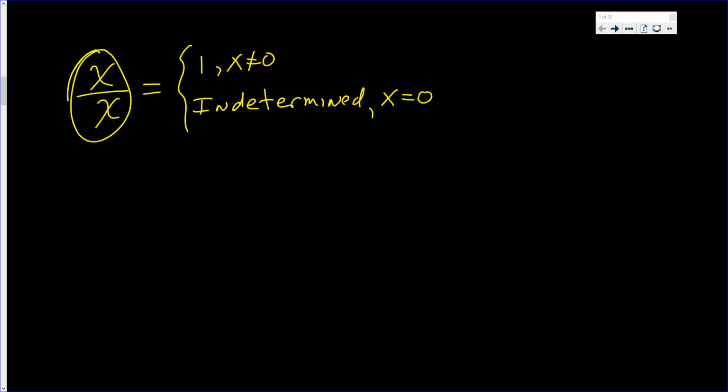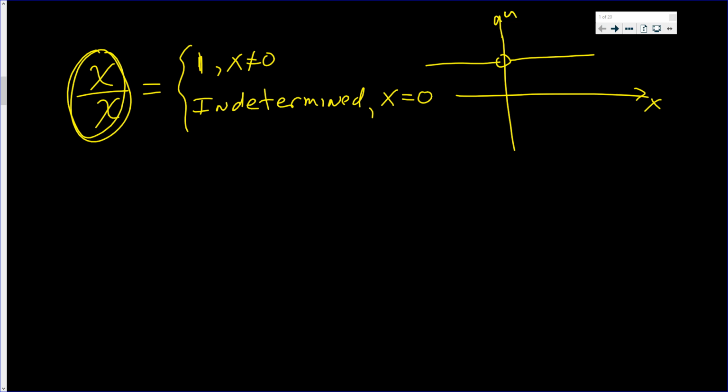This here is a piecewise function. Like if I asked you to graph this, for most values it's 1, except at 0. This is the line y equal to x over x. It is not the line y equals 1.